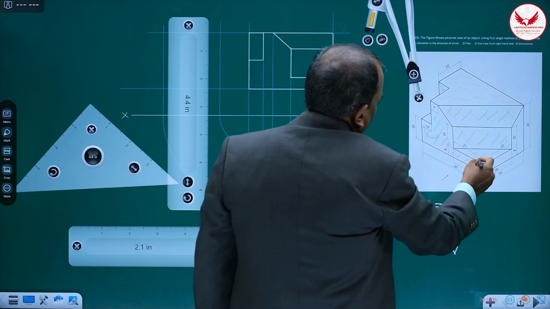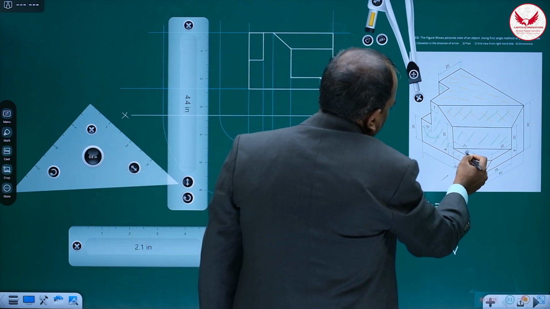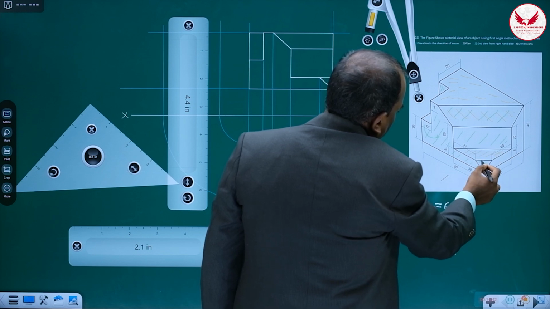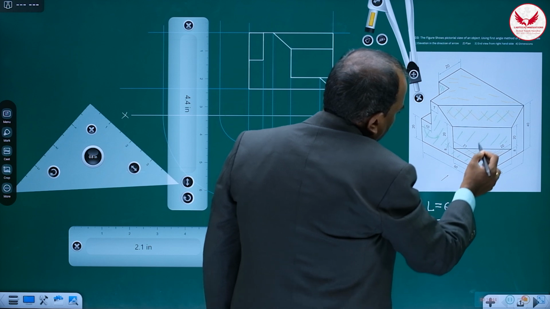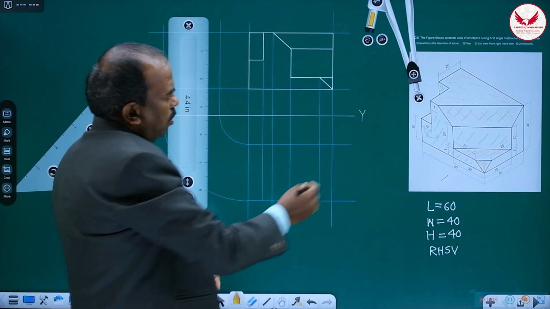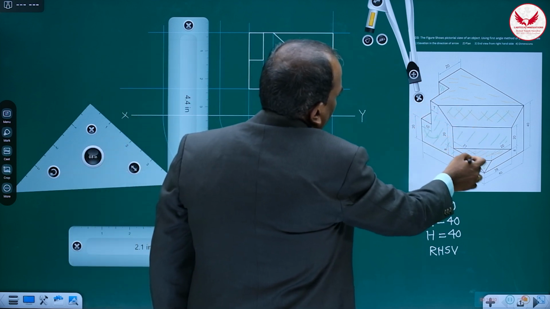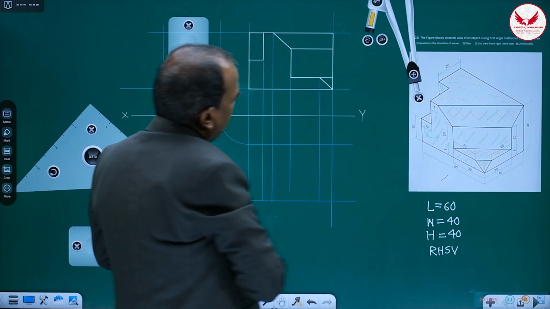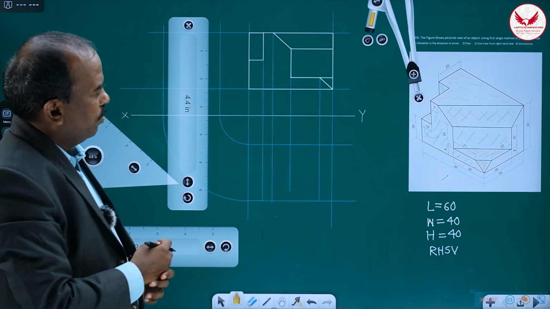Then it is vertical, so there is no visibility, but this portion is also visible in the top view, and this part is also visible. So these four parts, 1, 2, 3, 4, plus this portion, are also visible in the top view.